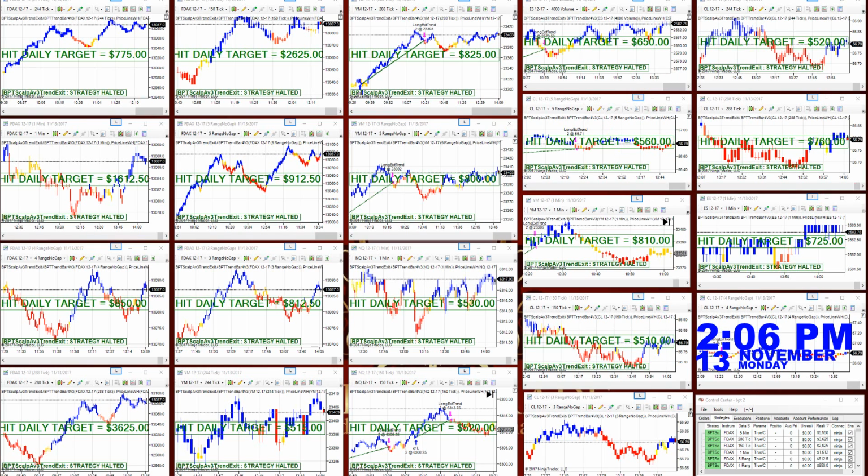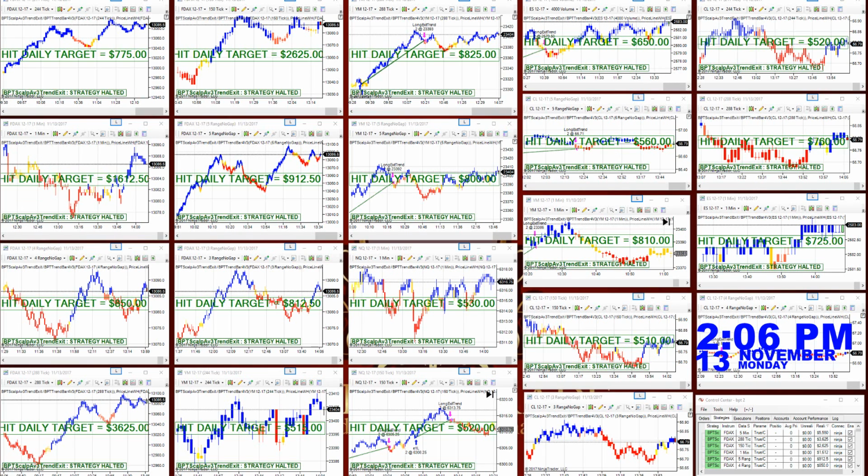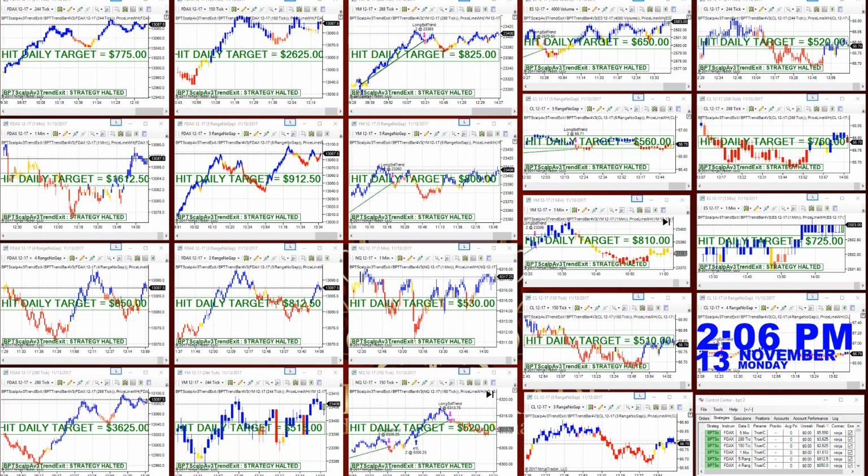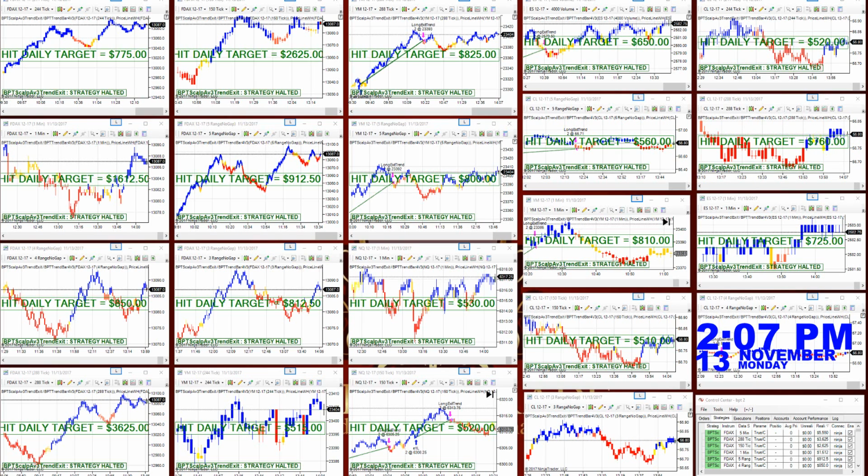So as an example, if we made 10 ticks on a limited order, and the market is going fast, sometimes you can have 2 ticks of slippage on the way in and 2 ticks on the way out.